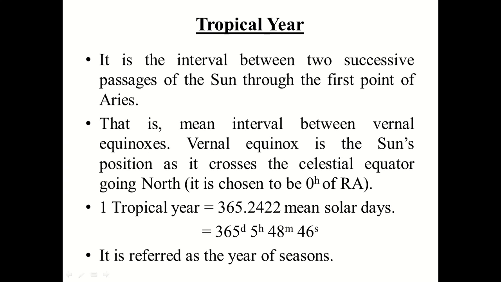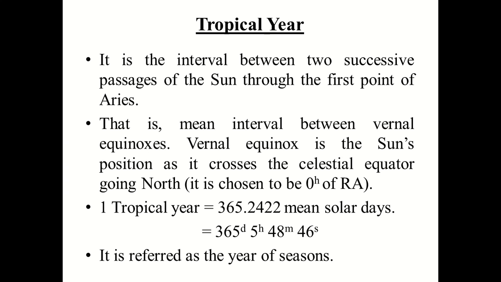Out of these 12 zodiac symbols, Aries is the first sign, and this tropical year is defined as the successive passages of the Sun through the first point of Aries.